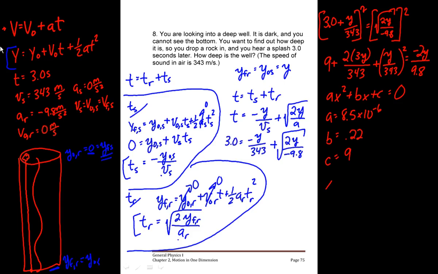And then we can find y, in this case, is equal to negative b plus or minus the square root of b squared minus 4ac all over 2a. That's the quadratic formula. If you need to use the quadratic, I will give you that. But usually, I'm not going to require you to use the quadratic. I'll let you know in class if that's to be the case.